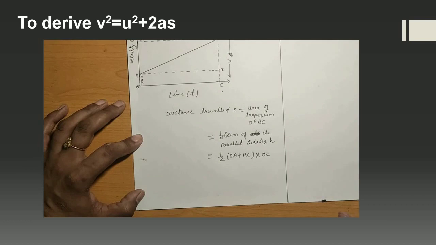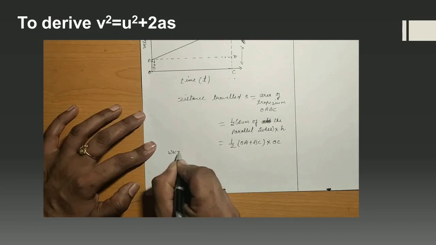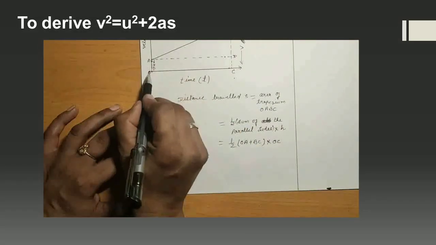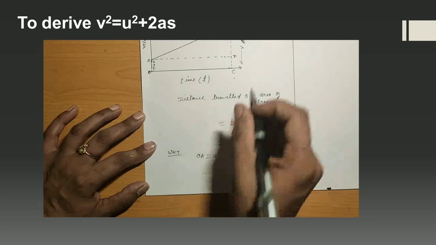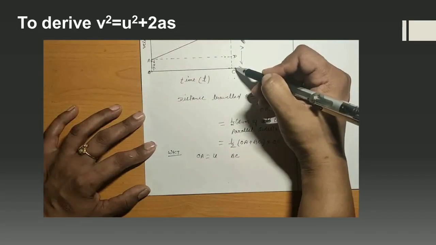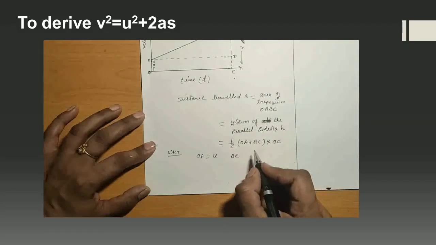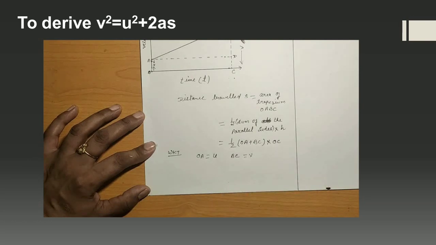Okay. Now putting the values of OA, BC and OC in the above, as we know, what is the value of OA? OA is equal to U, initial velocity. In the same way, what is the value of BC? BC will be V, final velocity.